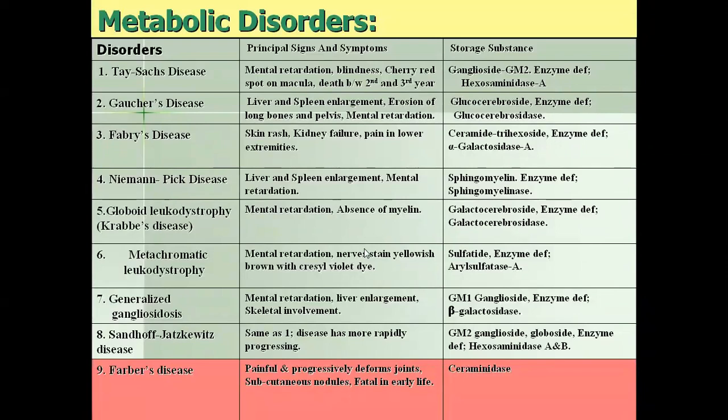Type B is a less severe variant with little to no damage to neural tissues, but lungs, spleen, liver and bone marrow are affected, resulting in a chronic form of disease with a life expectancy into childhood.